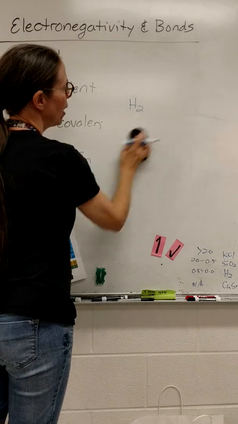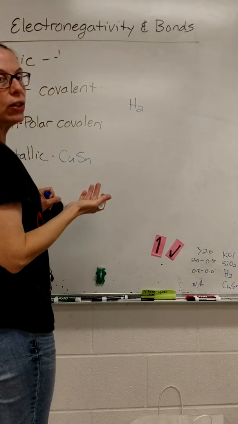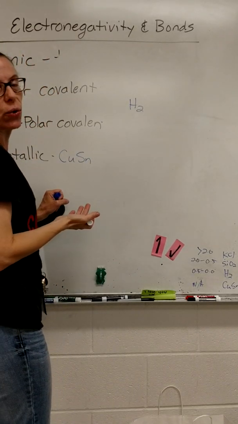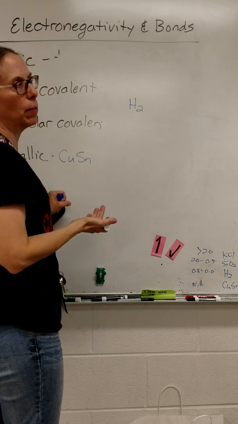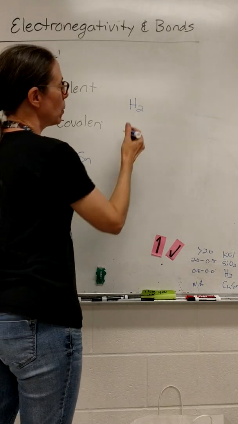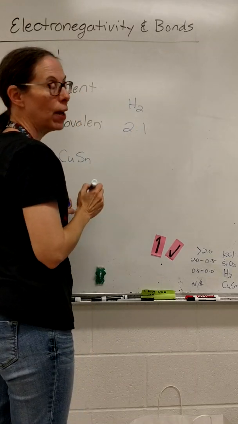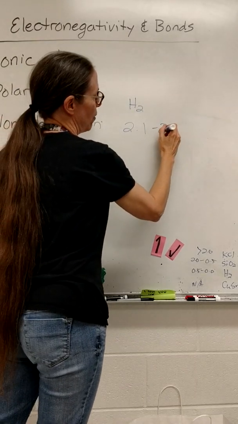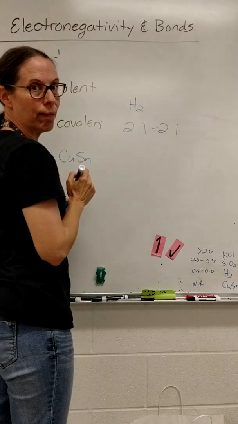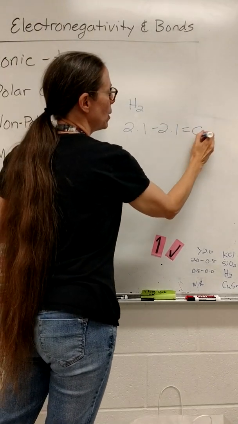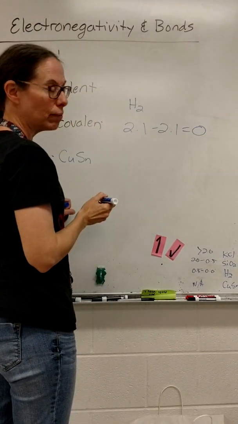So we have H2. We're going to look up the electronegativity on a chart or a table. You are not expected to memorize these things. When we look it up, we find out that hydrogen has an electronegativity of 2.1. Well, the other hydrogen is going to have an electronegativity of 2.1. So that means the difference between them is 0.